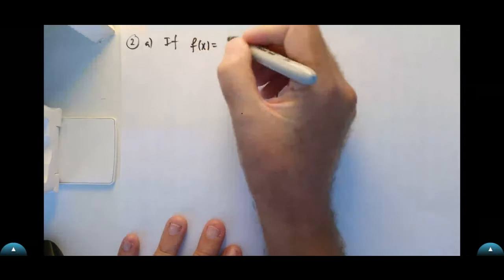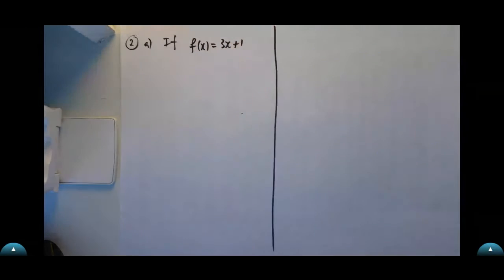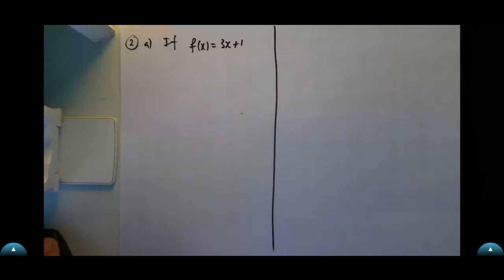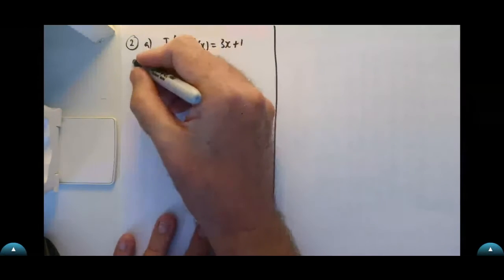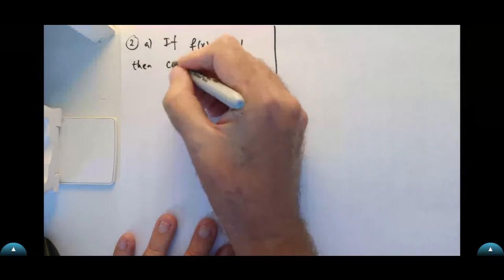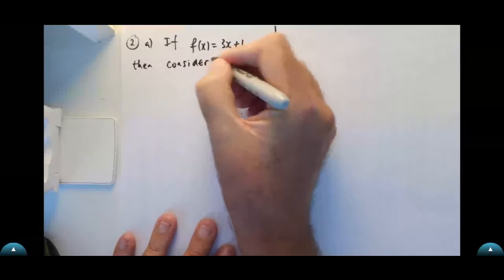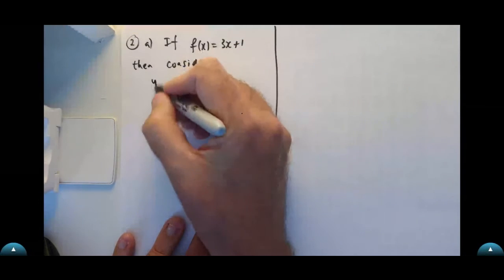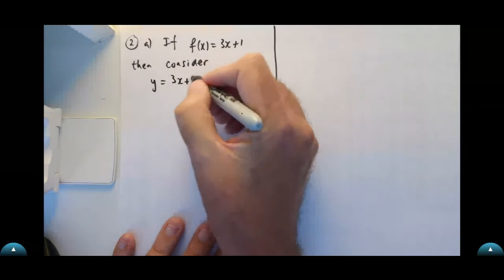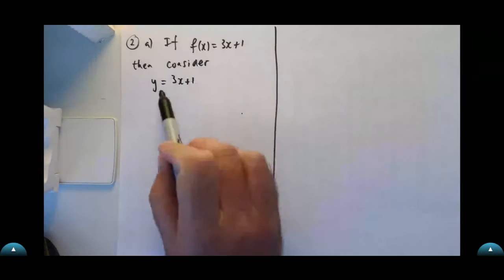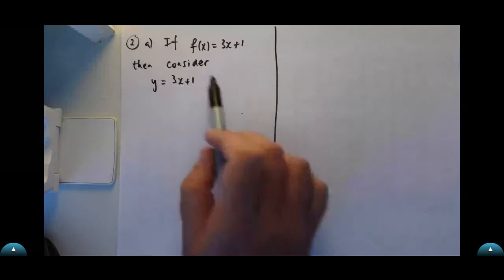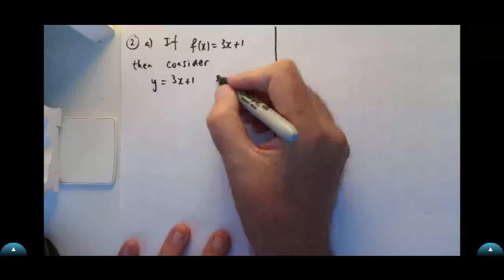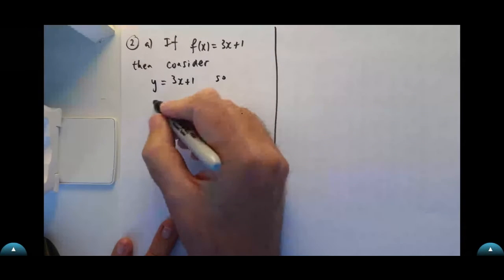Let's write down our function, which is defined for all x. We want to find the function that undoes this function. One of the standard ways of doing this is to replace f of x with y, rearrange this to make x the subject, and then relabel everything.